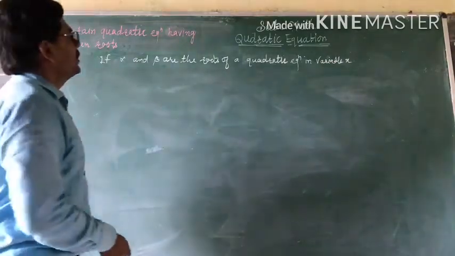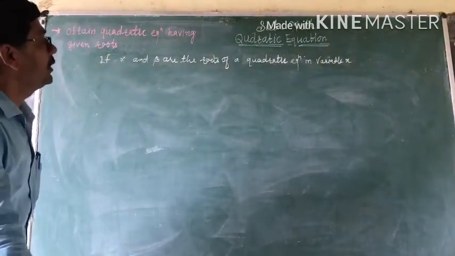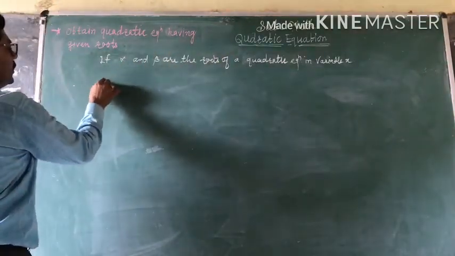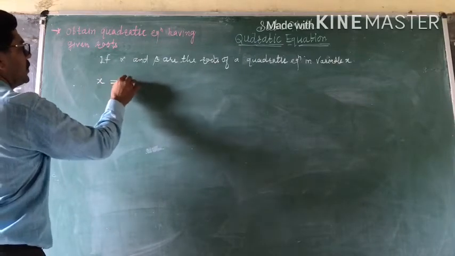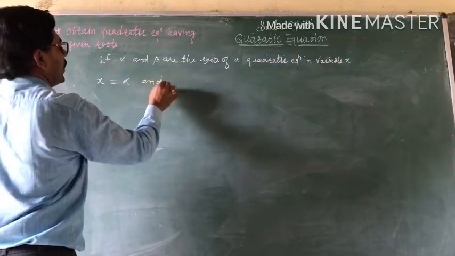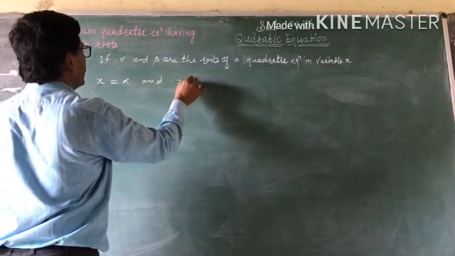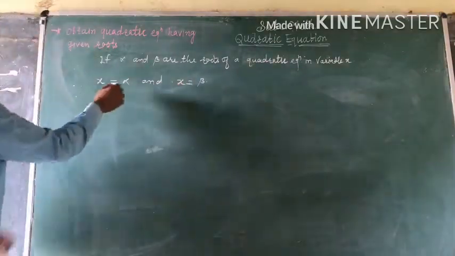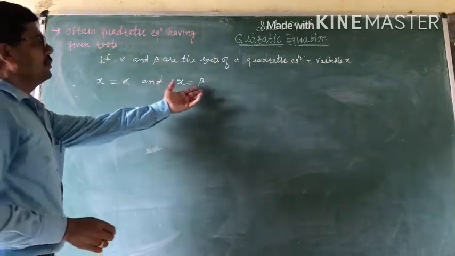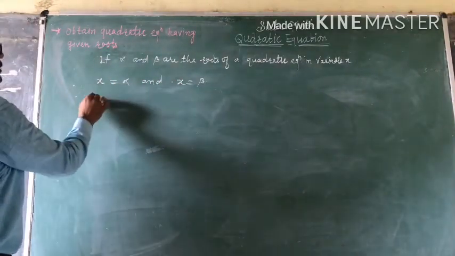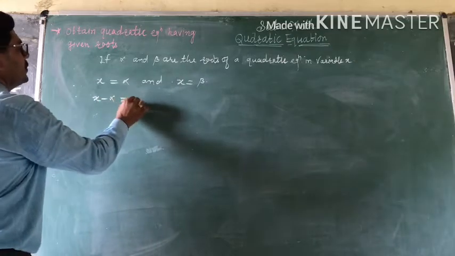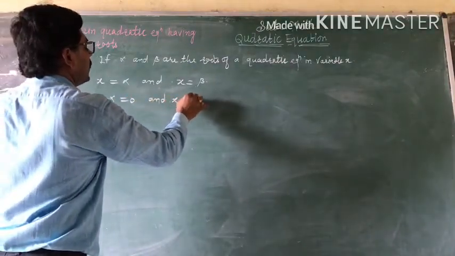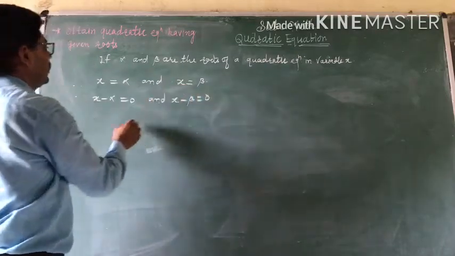If alpha and beta are the roots of the quadratic equation in variable x, then x is equal to alpha and x is equal to beta. From this we convert: x minus alpha is equal to 0 and x minus beta is equal to 0.